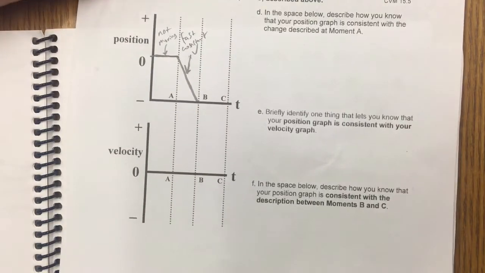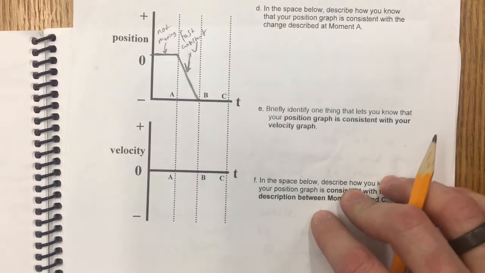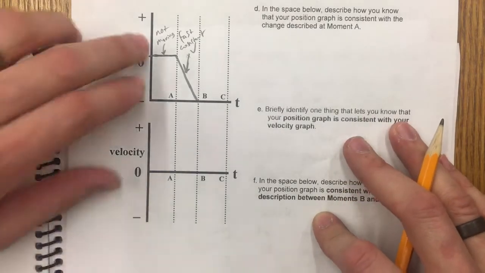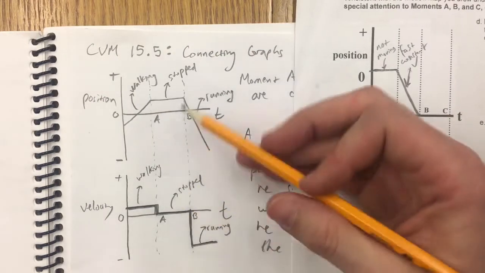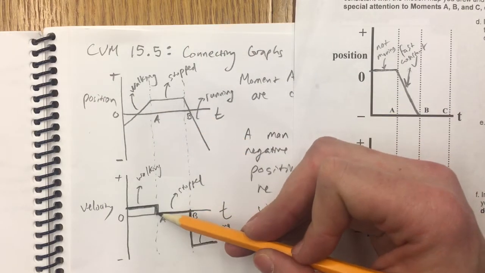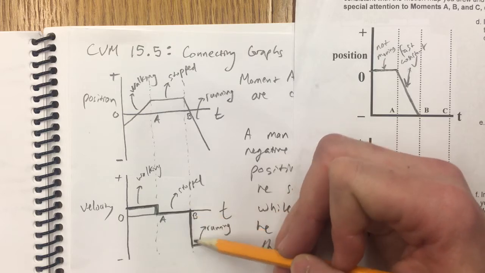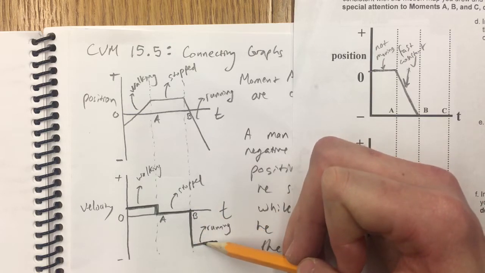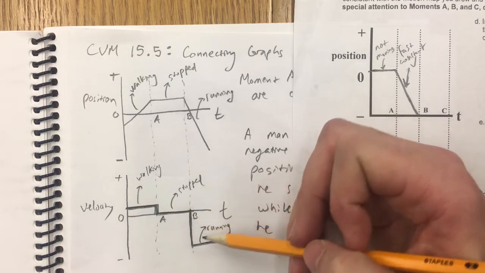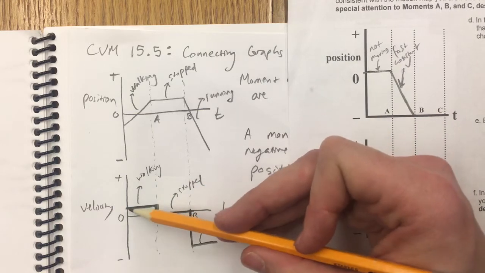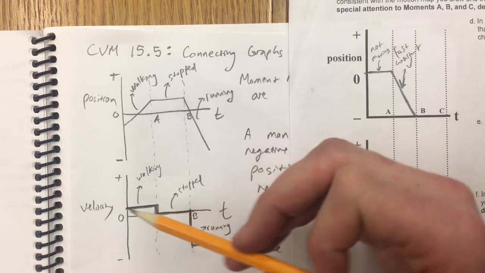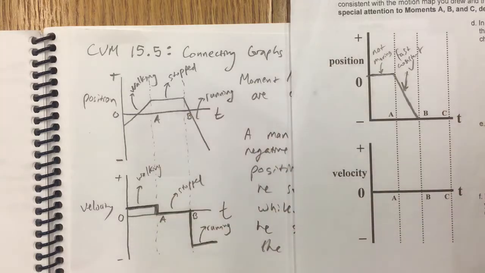So let's look at the velocity graph first. I know that there's a connection between position graphs and velocity graphs. I can tell, for example, when something's stopped, that the velocity is 0. And depending on whether something's moving fast or slow, positive or negative, the velocity graph will have a nice flat line, but it'll be a larger or smaller value.